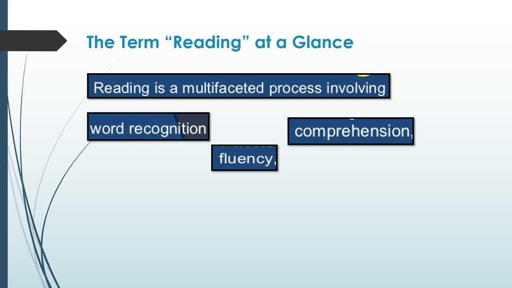Comprehension is the final goal of all reading, because it is the communication between reader and writer. Just like the speaker and the listener, their role is very significant in verbal or oral communication. In the same way, in written communication, this connection between the reader and the writer holds a lot of importance.